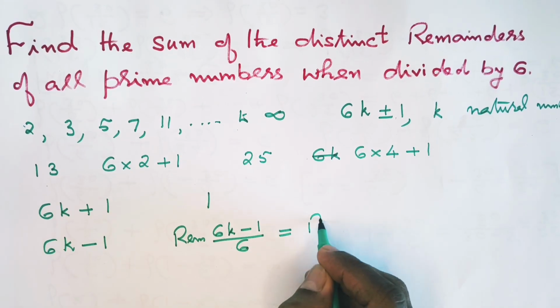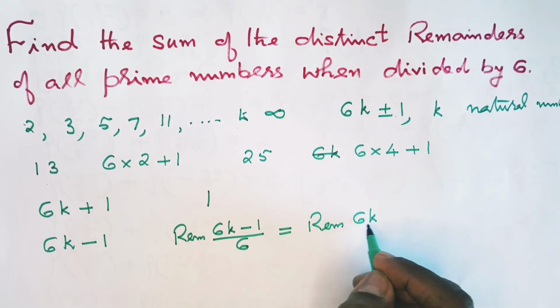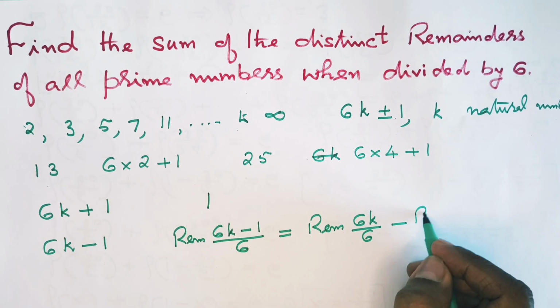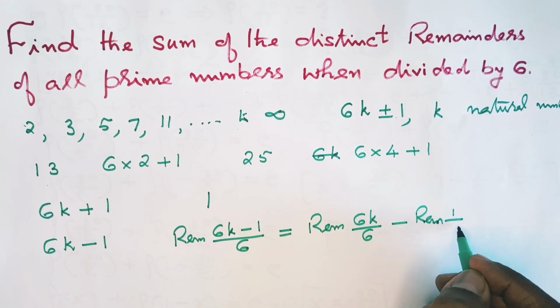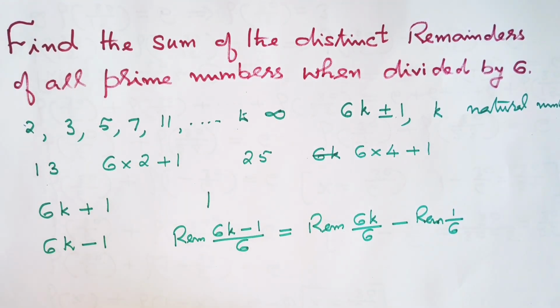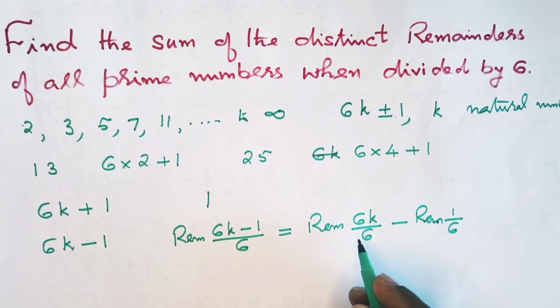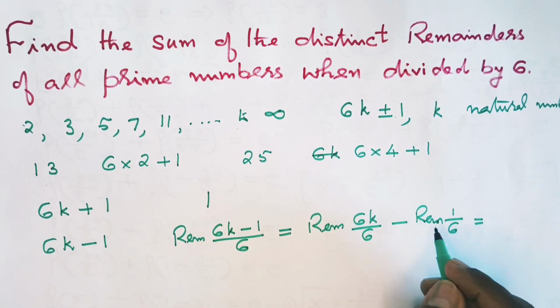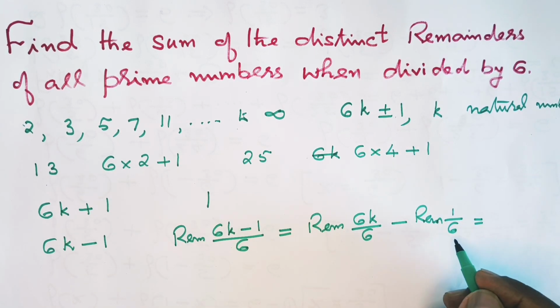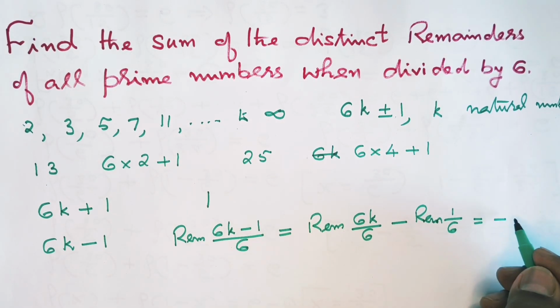This is actually the remainder of 6k when divided by 6 minus the remainder of 1 when divided by 6. The first part is obviously 0 because any multiple of 6 when divided by 6 leaves no remainder. And what will be the second part? The remainder of 1 when divided by 6 is 1. So finally, we see minus 1 as the remainder.